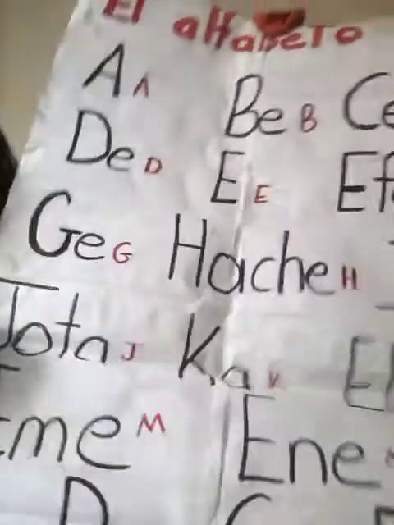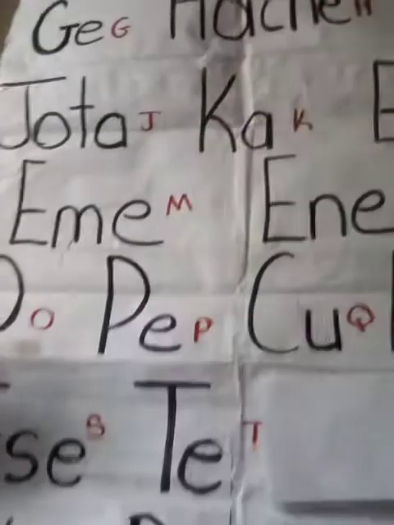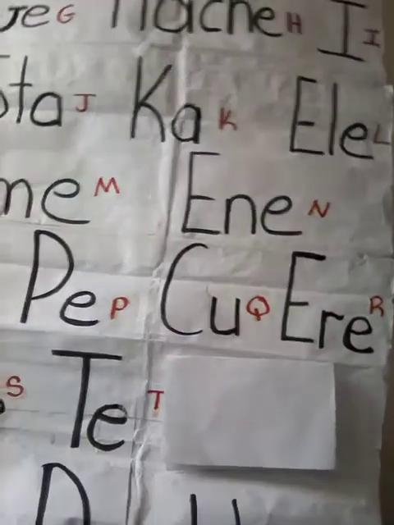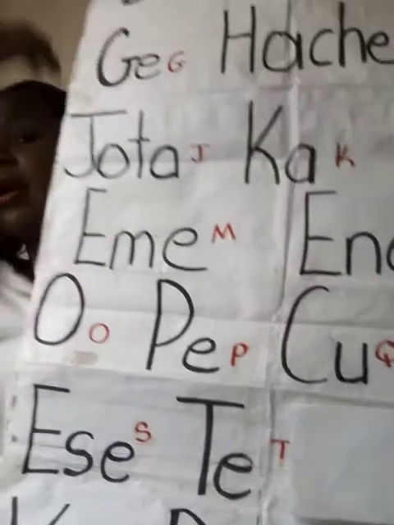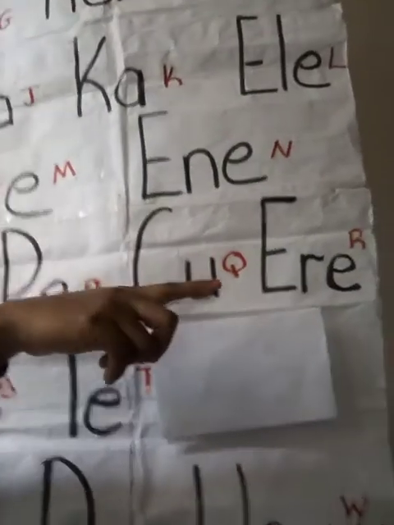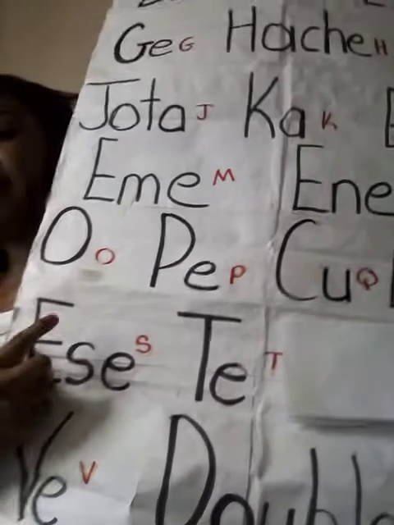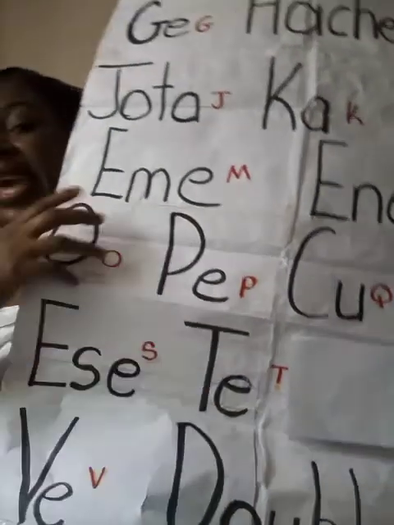J, K is K, L is L, M is M, N is N, O is O, P is P, Q is Q, R is R, S is S, and T is T.